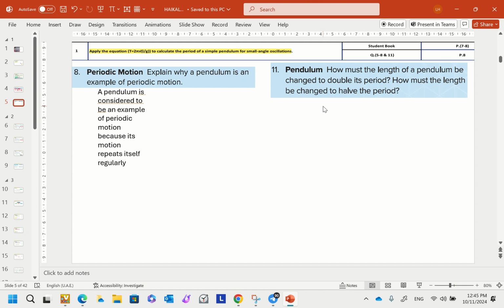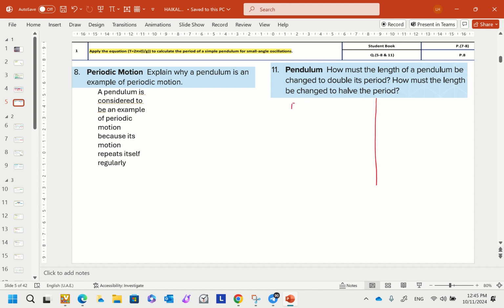For question 11, it says, how must the length of a pendulum be changed to double its period? And how must the length be changed to half its period? So he wants me to double or half the period by changing the length of the pendulum. So these are two questions. The first question is, how must the length be changed so that the period doubles?